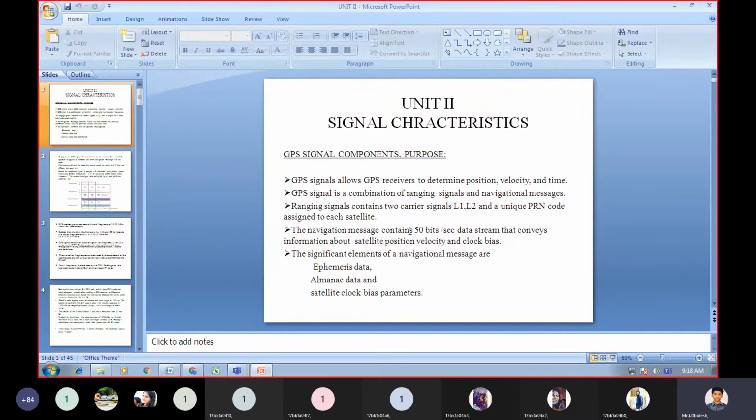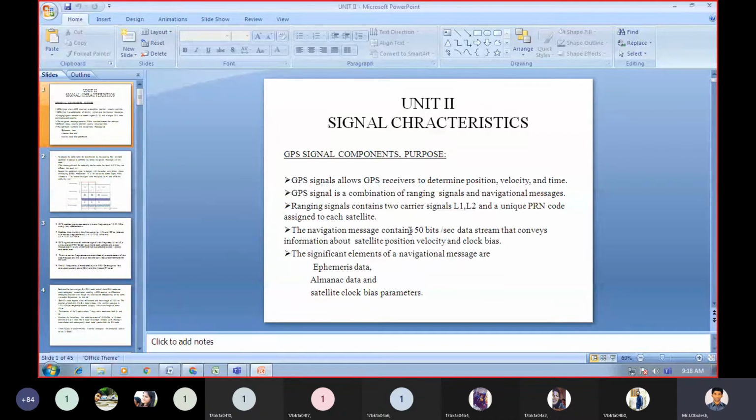These two, L1 and L2, are carrier signals, and you should remember their frequencies: L1 is equal to 1.575 and L2 is 1.227 gigahertz.